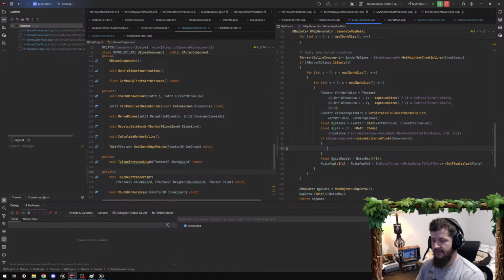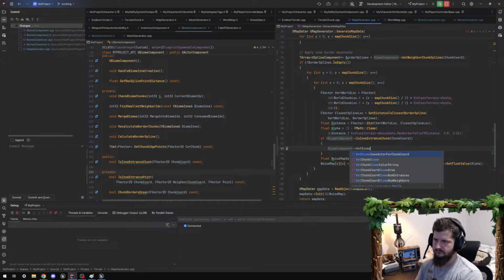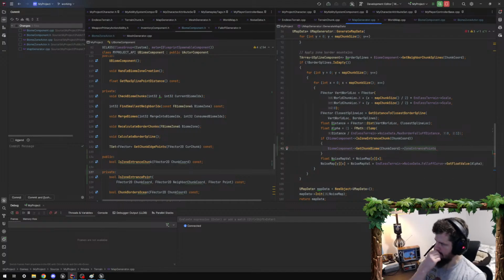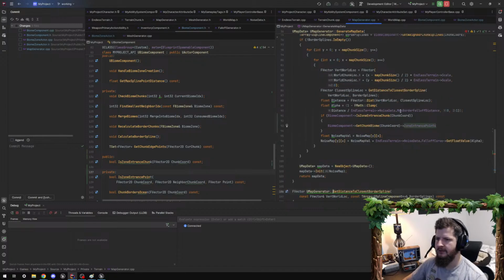Then what I'm going to do is, I guess I'll subtract from alpha based off of a lerped distance from the entrance point. So this will be zone entrance points. And so I want another function like this.